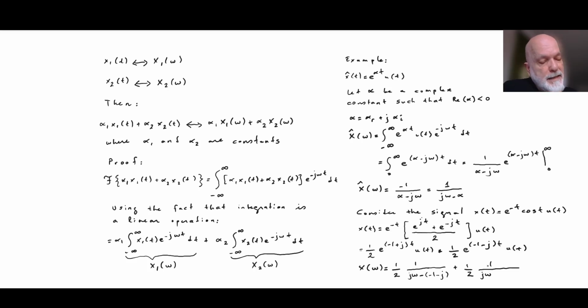We are using the linearity of the Fourier transform because we have a linear combination of two exponential signals with complex exponents.